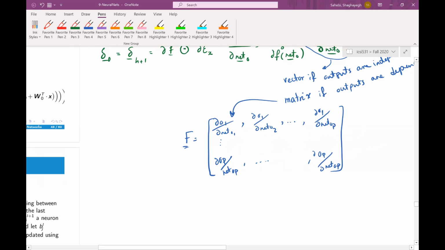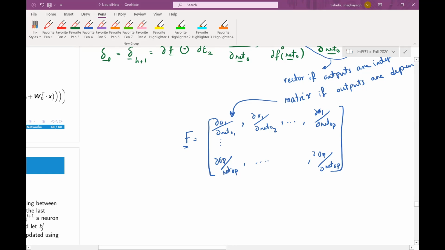If the output values are dependent on each other, we can have a derivative of, for example, O1 with respect to net OP, because in the formula of O1 we have net OP, right?